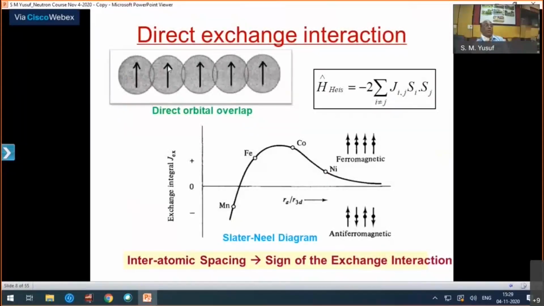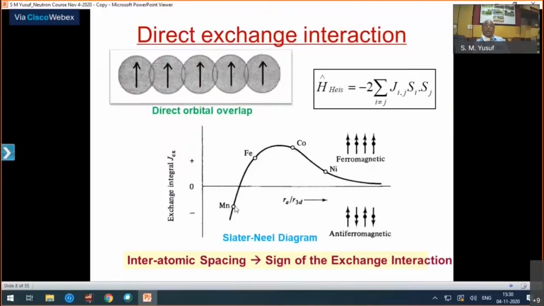As I said, when two orbitals are overlapping, this is the Heisenberg exchange interaction, J_ij S_i dot S_j. For example, nickel, cobalt, iron can have this kind of positive exchange interaction, so that leads to ferromagnetism. And in the manganese case, this exchange interaction is negative between two.